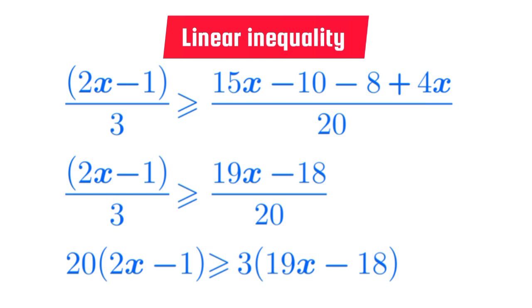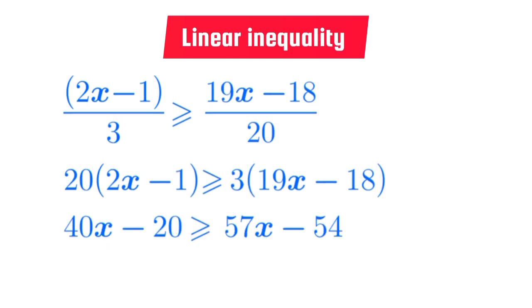So on the right-hand side, we have 3 multiplied by 19x minus 18, and then on the left-hand side, we have 20 multiplied by 2x minus 1. Now, when we open the brackets on both sides, we have 40x minus 20 is greater than or equal to 57x minus 54.